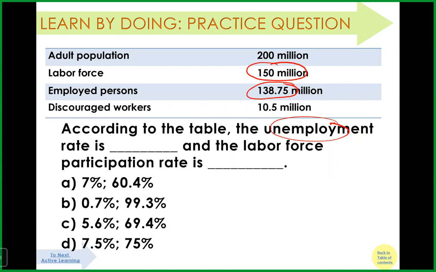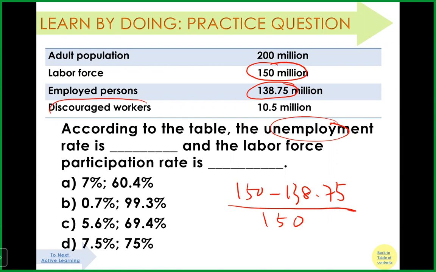So the unemployment rate equals 150 minus the employed number. The discouraged workers don't enter the calculation, but that is the issue. The labor force participation rate is simpler, 150 divided by 200. Okay, so the answer is D.